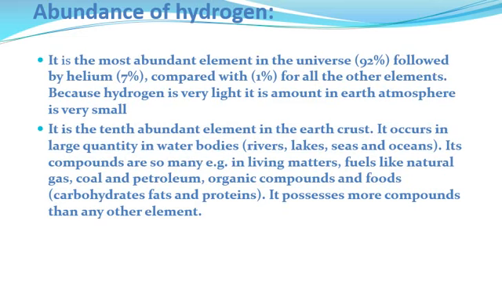Because hydrogen is very light, its amount in the earth crust is very small. It is the 10th abundant element in the earth crust. As you know, the most available 10 elements are oxygen, silicon, aluminum, iron, calcium, magnesium, sodium, potassium, titanium, and hydrogen.